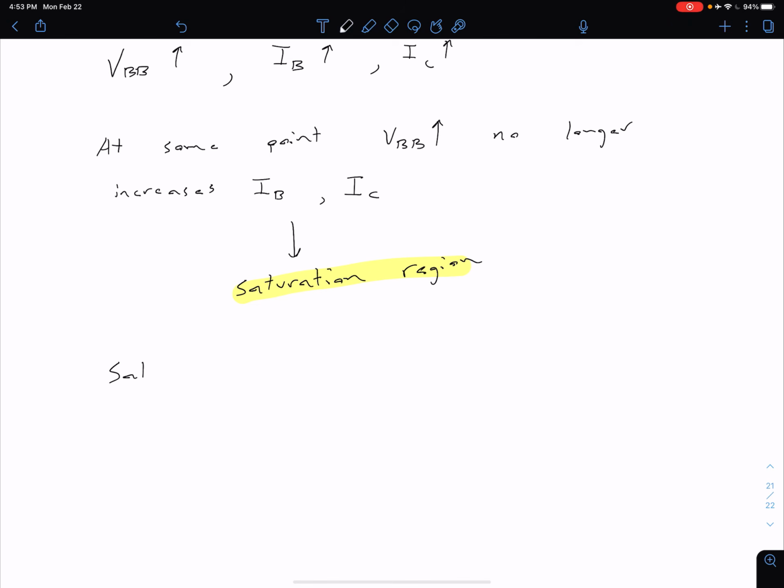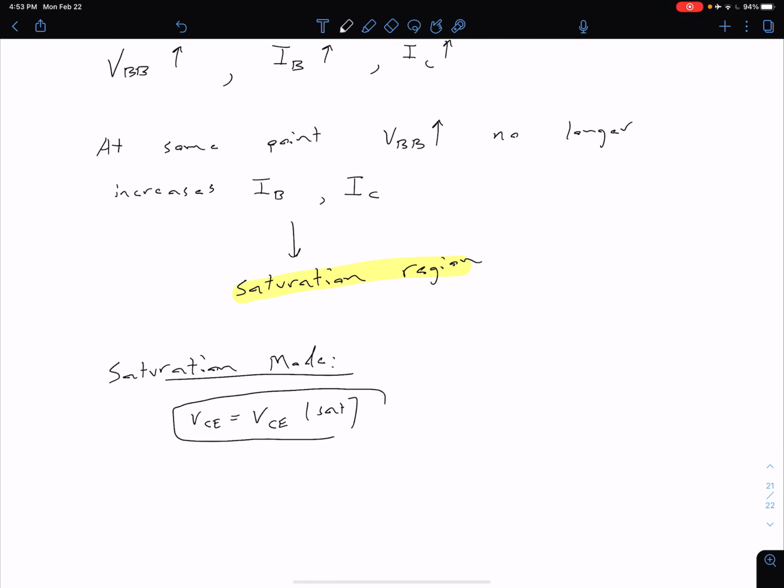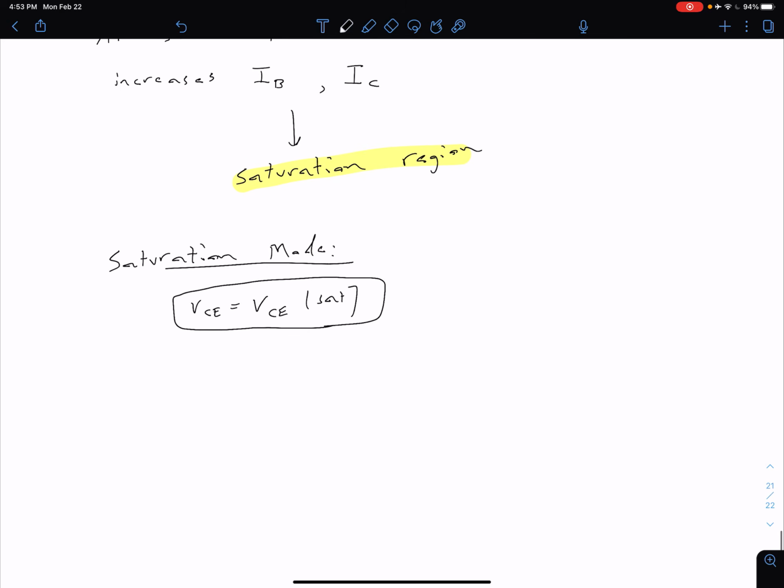If we're in our saturation mode or saturation region, what we have is that our VCE is always going to be equal to VCE sat. And again, typical values are 0.1 volt to 0.3 volts, and can vary depending on the device structure. As a consequence of that VCE equal VCE sat, our IC is going to be less than our beta IB.